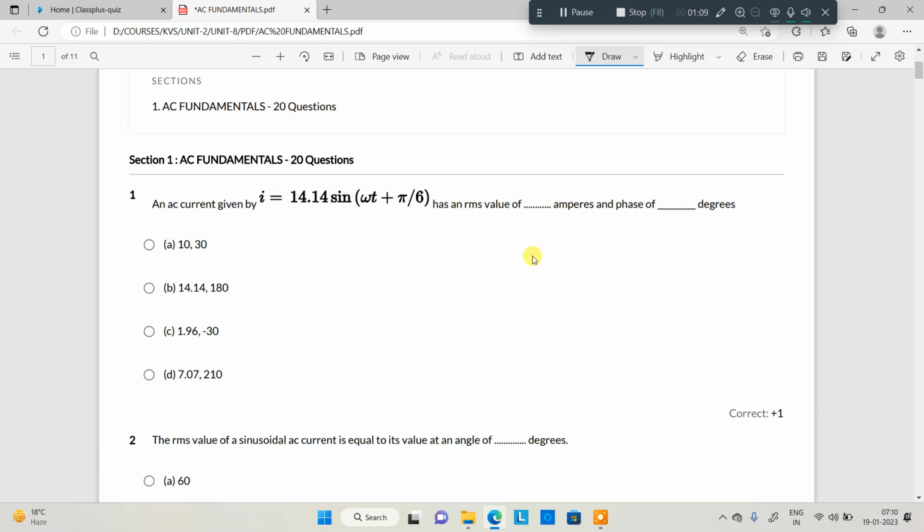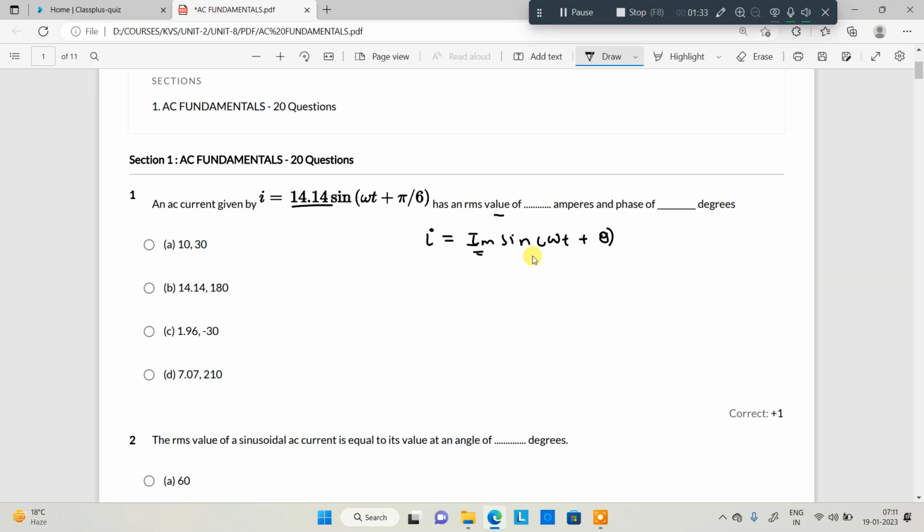AC current is given as I equals 14.14 sin(omega t plus pi by 6). The RMS value is dash amperes and the phase is dash degrees. In this case, I equals Im sin(omega t plus theta). You know this relation, so what is the Im?